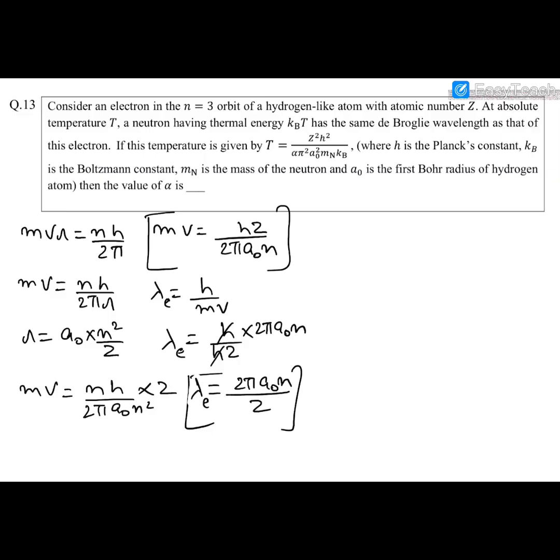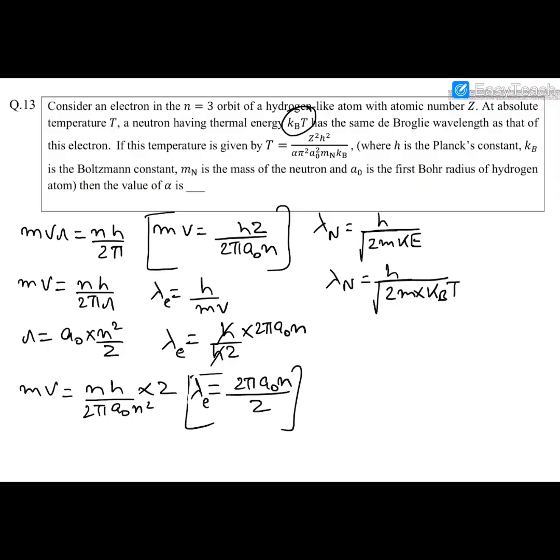And the de Broglie wavelength of the neutron, which is having this energy, will be h upon under root 2mK. So lambda n will be equal to h upon under root of 2m into kinetic energy, which is kBT.